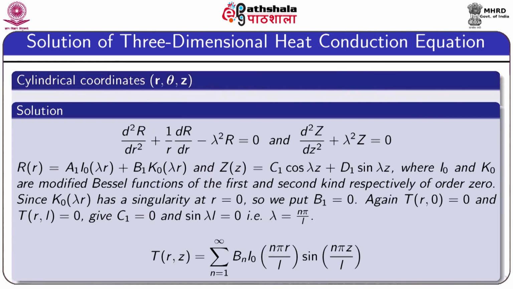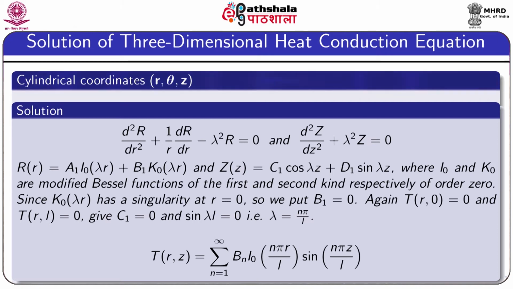So this restricts us to take the values of lambda as lambda equals n pi by L, where n is an integer. Therefore, our required solution is capital T equals the sum over n of Bn I0 of n pi r by L into sin n pi z by L.